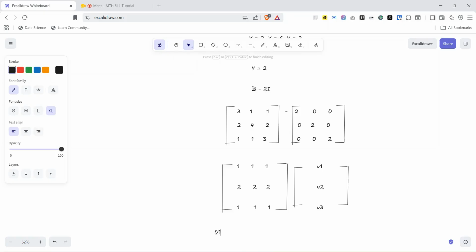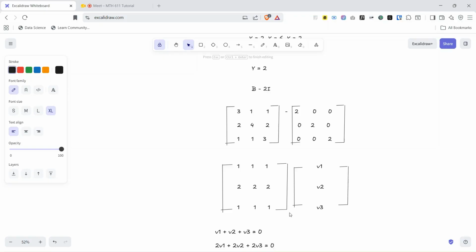Multiplying what we have here by this gives V1 plus V2 plus V3 equals 0. Then the other one will be 2V1 plus 2V2 plus 2V3 equals 0.